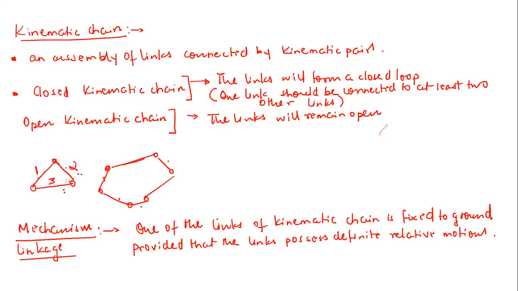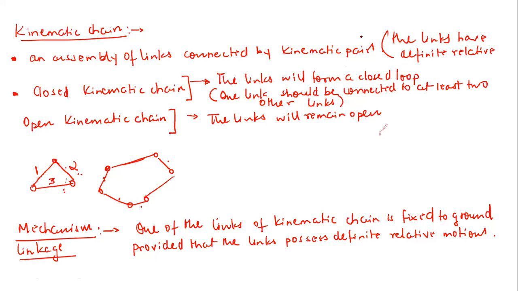Now, if you observe, in the definition of kinematic chain also, I said an assembly of links connected by kinematic pairs. As soon as you connect two links by kinematic pairs, definitely the links have definite relative motions with respect to each other, right?